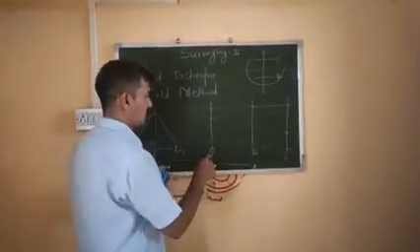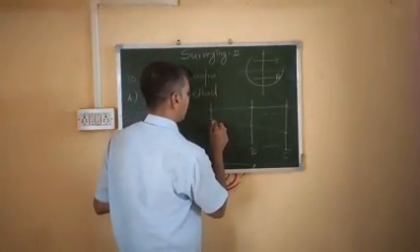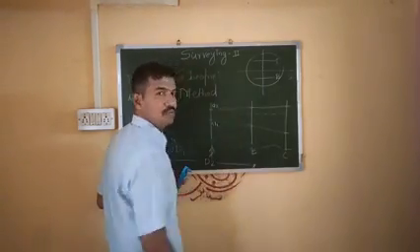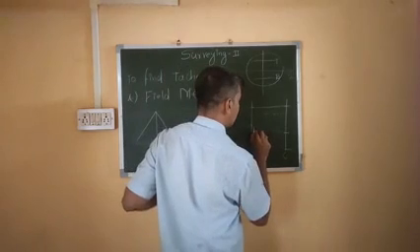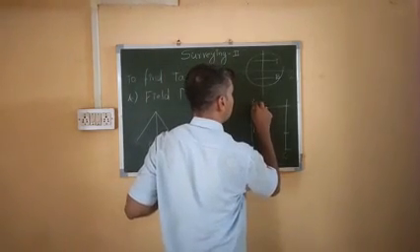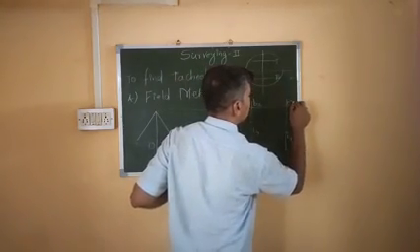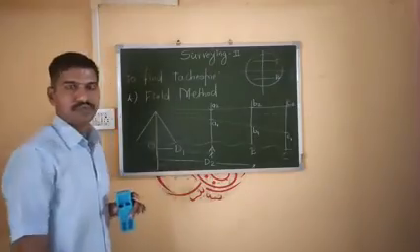Let us name the readings: at point A, small a1 and a2; at point B, small b1 and b2; at point C, small c1 and c2.